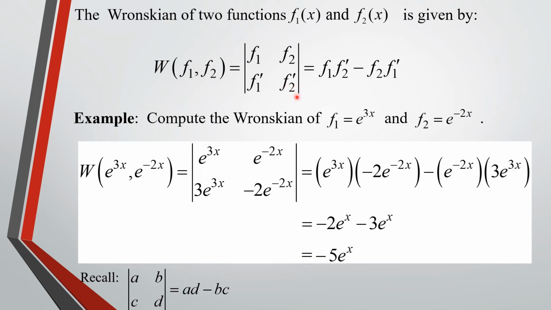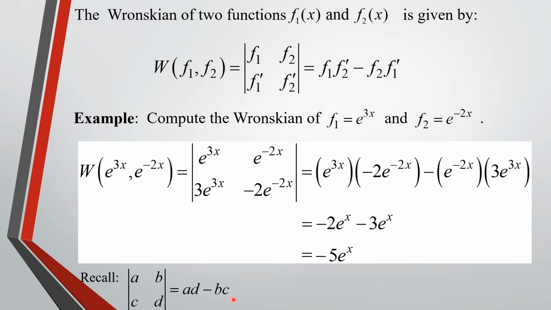Now you have learned in secondary school how to find the determinant of a matrix of size 2 by 2. Let us recall. If we have a matrix of size 2 by 2 where the entries are written as A, B, C, D, the determinant has the formula A multiplied by D minus B multiplied by C, AD minus BC.